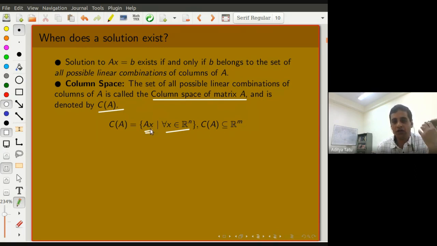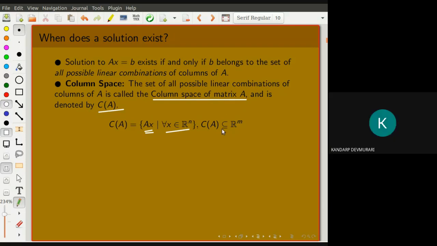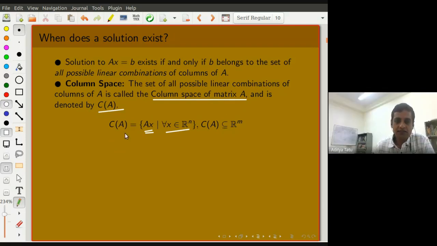Since we want all possible linear combinations, these real numbers x1 to xn should be allowed to take all possible values. Is that clear? Yes, sir. And so x can take any value in Rn. This set, the column space, will of course be a subset of Rn.